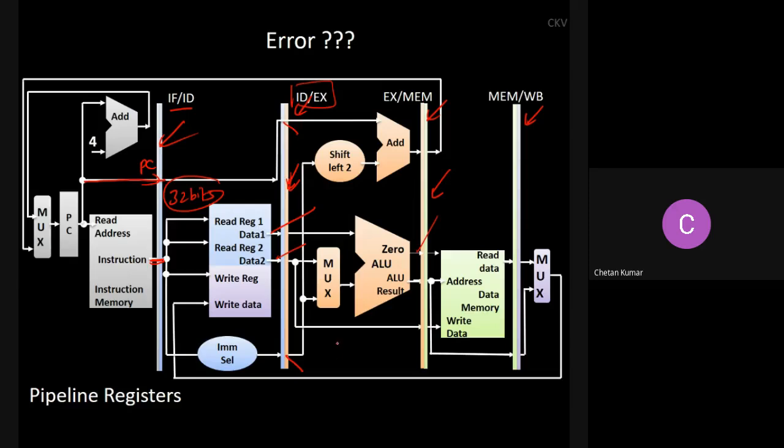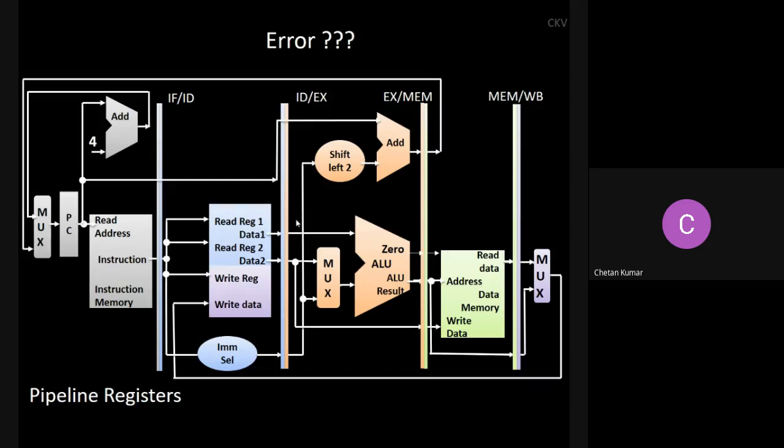Total how many? So it's 32 into 4. Why do you get 5? Did I miss anything? So 32 cross 4 only. Instruction code you don't send. It is not required once you pass to the next stage; only the data that was read is required.